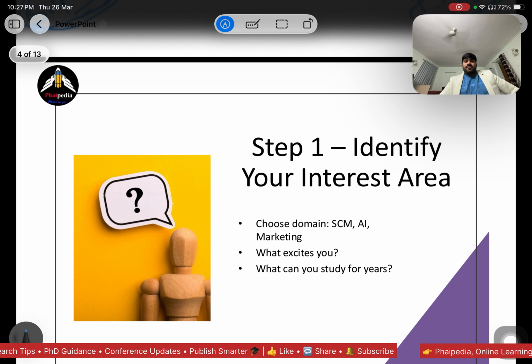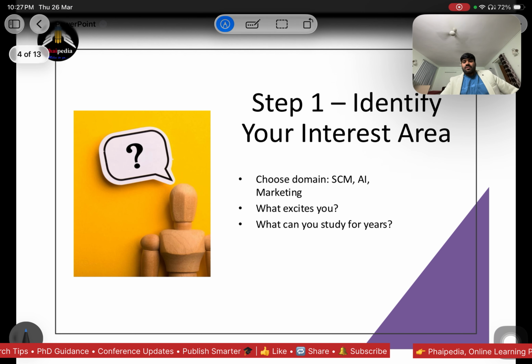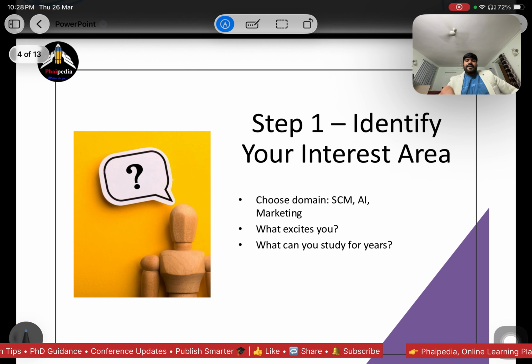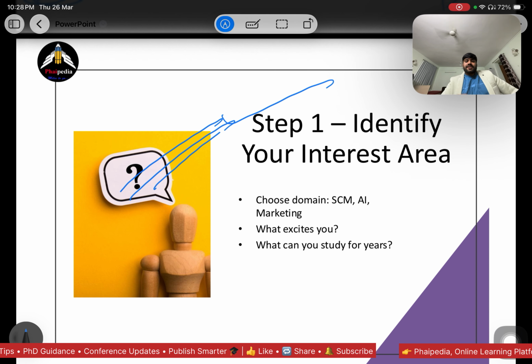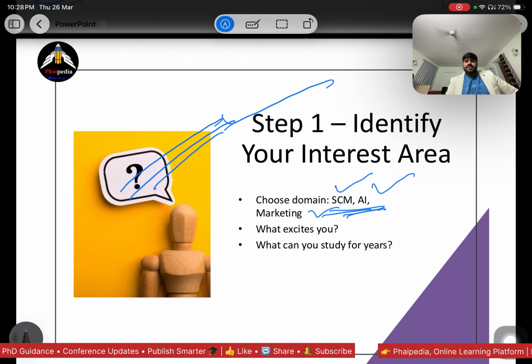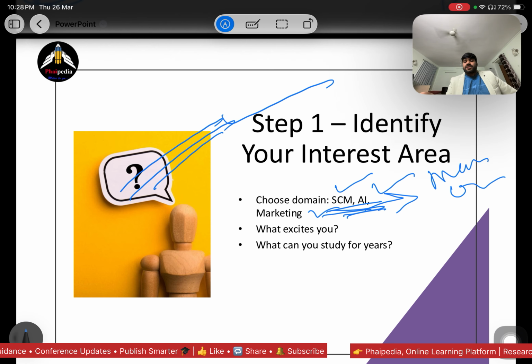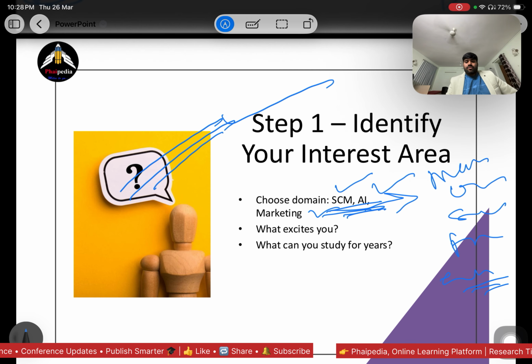So step 1, what we have to do. Identify your interest area. Choose the domain: supply chain, AI, marketing. What is your interest area, or we can say the interest area is related to the domain in which you are doing the PhD, like marketing, operations, strategy, finance, economics, and so on.